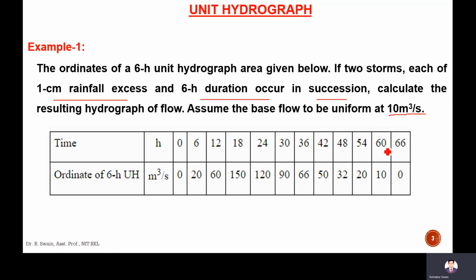So what is the procedure? First, the unit hydrograph is given. Here we have to obtain the total flood hydrograph. First we have to obtain the direct runoff hydrograph, DRH, and add the base flow to get the flood hydrograph.